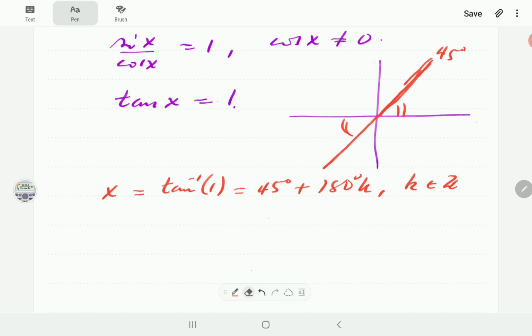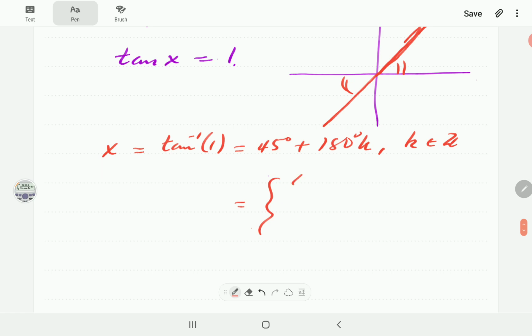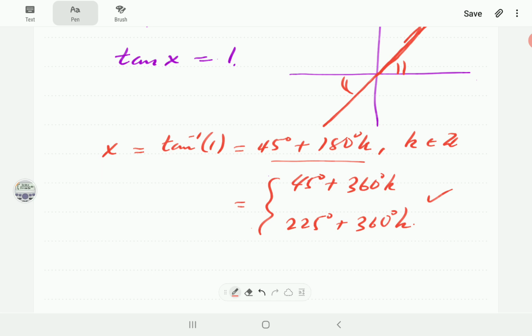The other way, which is equally acceptable, is of course we can write 45 degrees plus multiples of 360, and then the other one in the third quadrant is going to be 225, then multiples of 360. So either we write it like this or we write it like that. Both representations are very much acceptable.